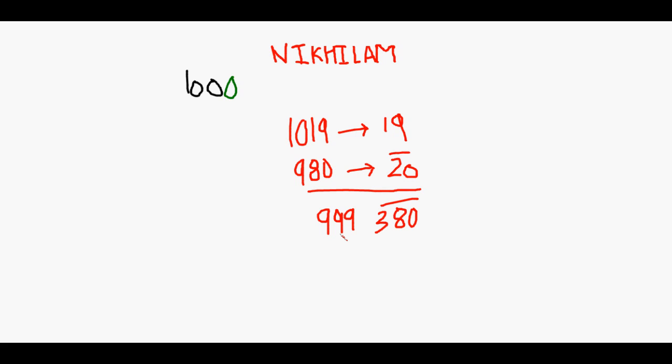Okay, now as the number is in the negative form, we have to convert it into positive form. So we can write it as 999000 minus 380.